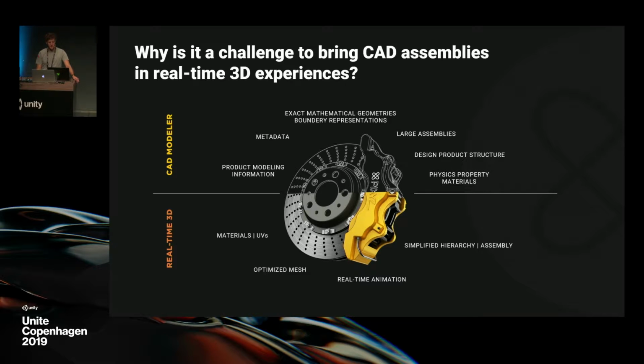CAD data is meant for design, engineering, and manufacturing mainly, and it usually comes with a large quantity of information. If we consider that a car is composed of hundreds of thousands of parts, you can imagine how huge a CAD assembly can be. The main differences between CAD and real-time 3D data are the geometry, the assembly tree, and the materials.